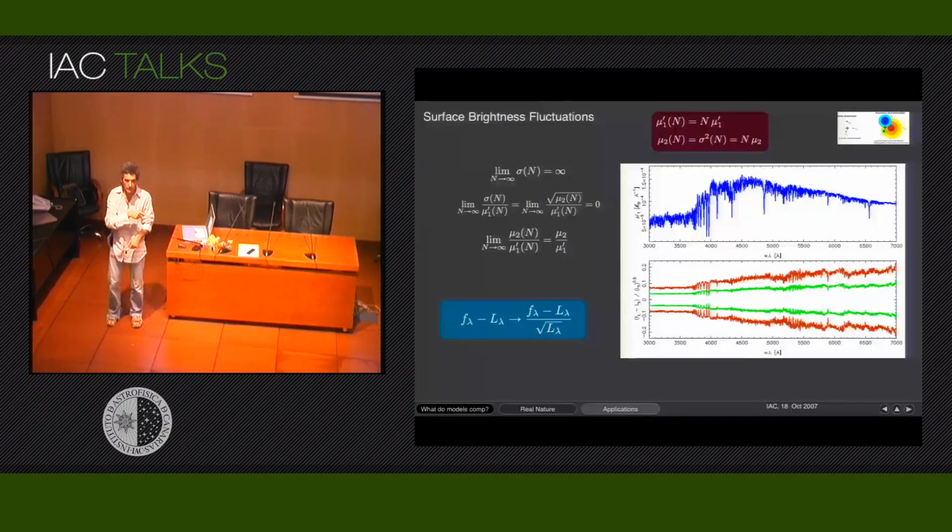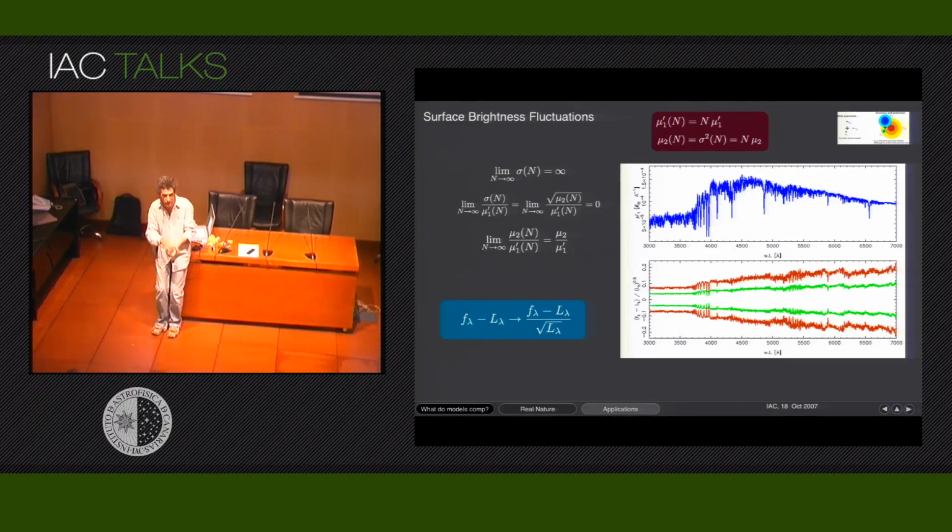If you have a low number of stars, you have another problem: the estimation of the variance is not a Gaussian distribution, so it's more difficult. Actually, the chi-square fit doesn't work because chi-square only works for Gaussians. I don't know if I answered you.